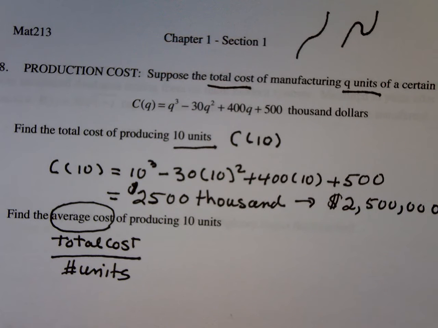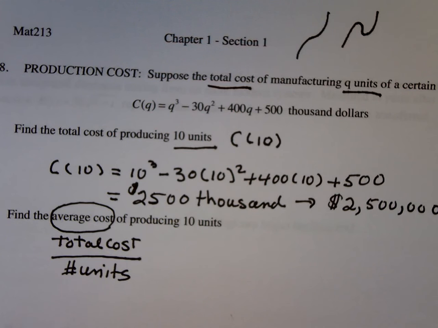So you're saying, what is the average cost of producing 10 units? On average, it's going to cost me so many dollars. What that does is it takes the high point, the low point, and middle points, mushes them all together and says, this is on the average. It could cost you a little bit more, could cost you a little bit less, but this is the average cost.